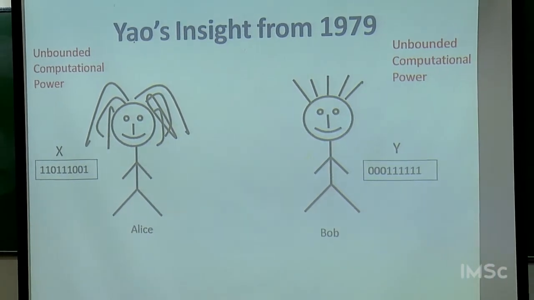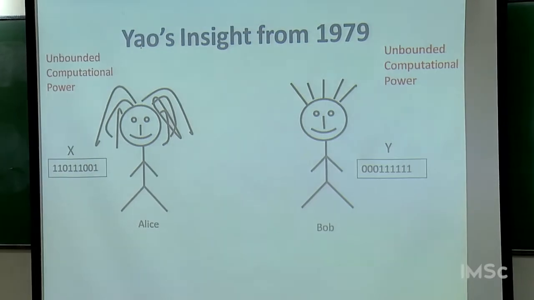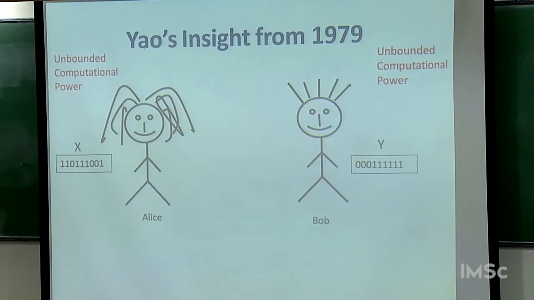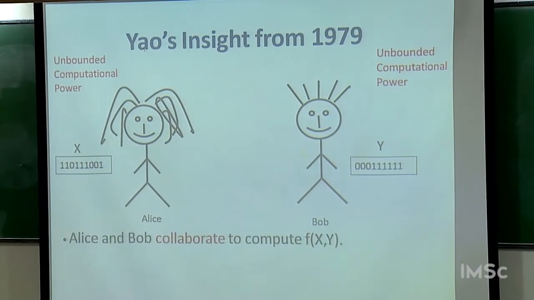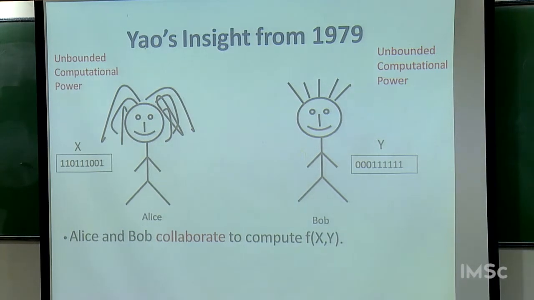So although they have unbounded computational power, they are informationally bounded. Okay? So what they want to do is collaborate in terms of a communication protocol according to which they take turns in communicating with each other to compute this function. At the end of the protocol, both Alice and Bob should be able to know the value of the function on the particular input instance. Okay? So they just take turns.